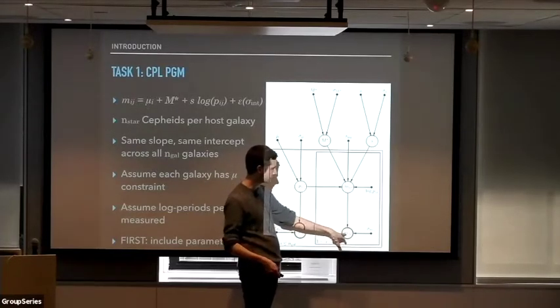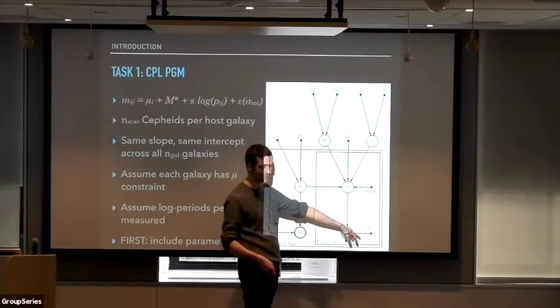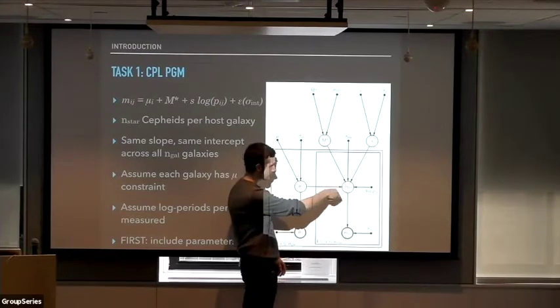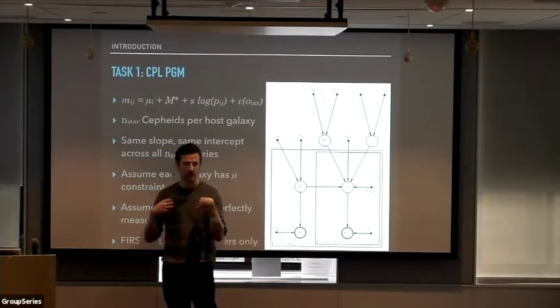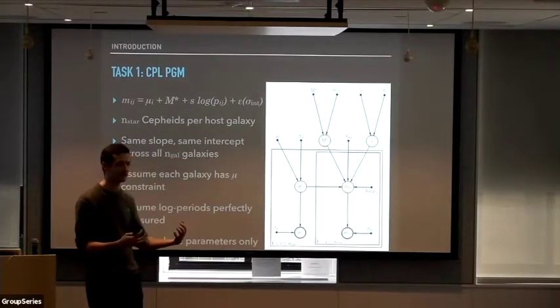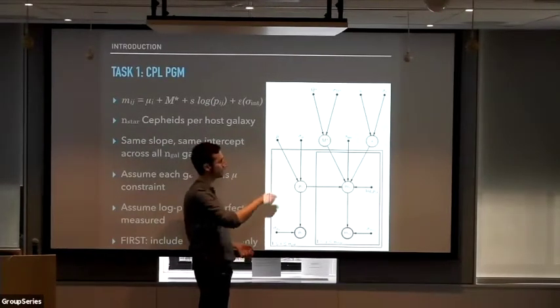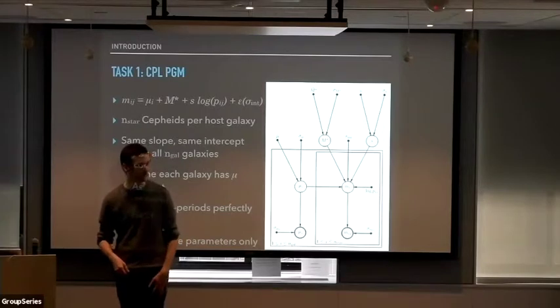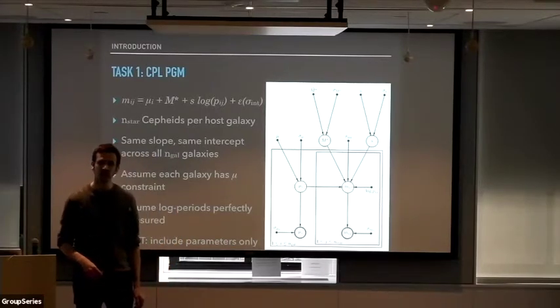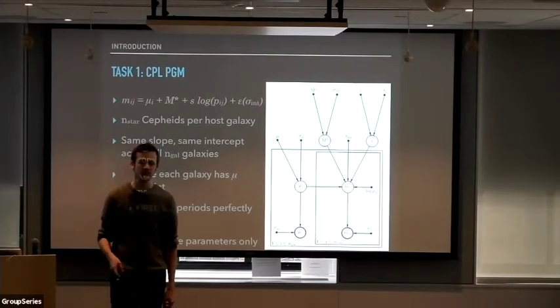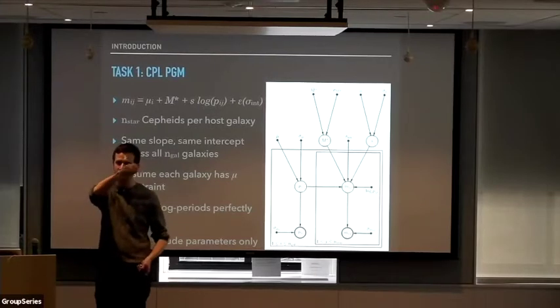So we have a probability of this object given this and that. And then for the true values, this is, what's the probability of getting some apparent magnitude given distances, true period luminosity parameters, and scatter. Stephen, are you asking for the actual functional forms? No, not the functional form, just probability of x given y.